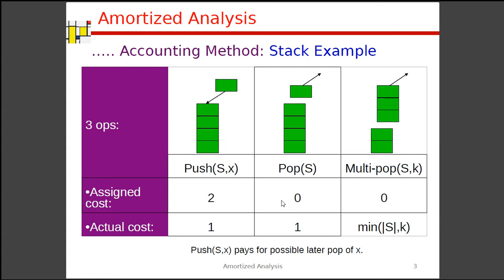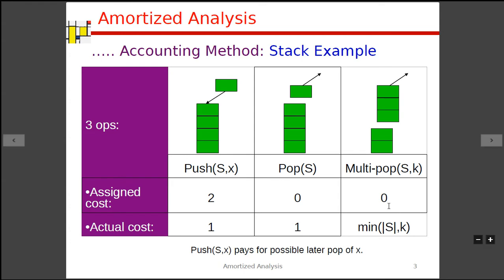There is one more operation, that is multi-pop. This multi-pop is actually a classical example of NEFT RTGS transactions. Consider that whenever you are debiting an amount from your bank account, it is like a multi-pop operation. It is like a debit operation, like a pop operation. Whenever you are doing multiple transactions, what does the bank do? The bank will calculate the cumulative charge for all the transactions and assign it only once.